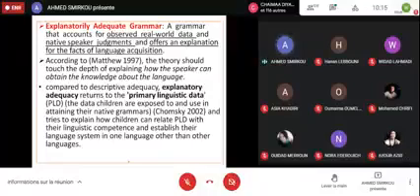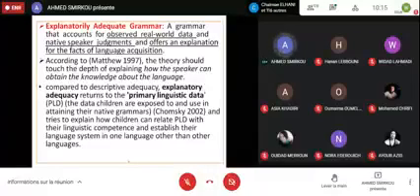So the data children are exposed to and use in attaining the native grammars, and it tries to explain how children can relate PLD, primary linguistic data, with their linguistic competence and establish their linguistic system in one language rather than other languages.